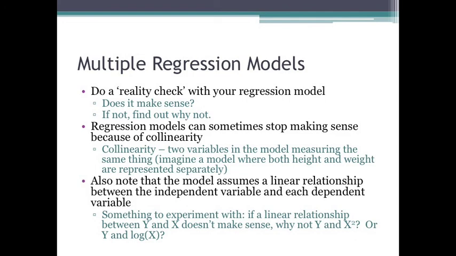The more we spend on advertising, we expect an increase in sales, but we expect that to increase at a much slower rate the more we spend. So if it's not a linear relationship between y and x, why not transform the independent variable somehow? In other words, instead of using x, use x squared or use the natural log of x. Sometimes by transforming that independent variable, that x variable, we can find a model that makes far more sense.